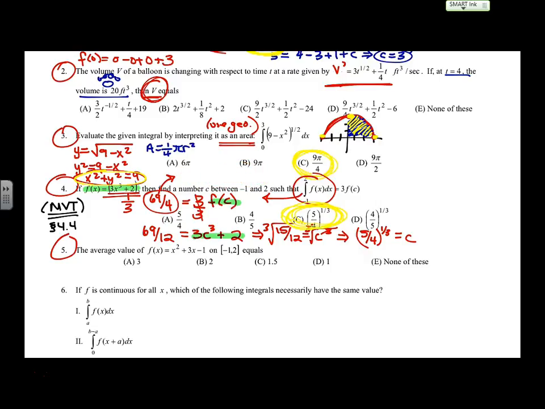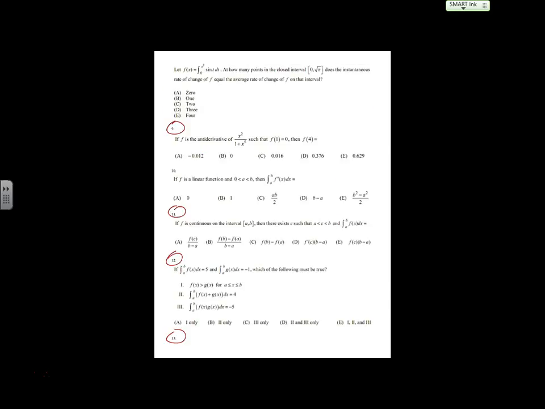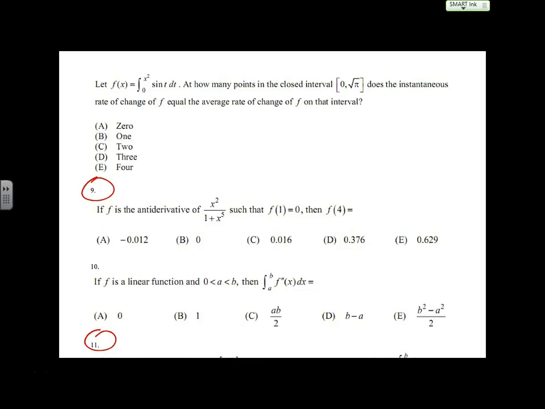All right, let's go check out number 8. Now, I don't think the wording is quite as nasty as this on tomorrow's, but there is a place where you have to think about, given f equals an integral, how to find the instantaneous rate of change.